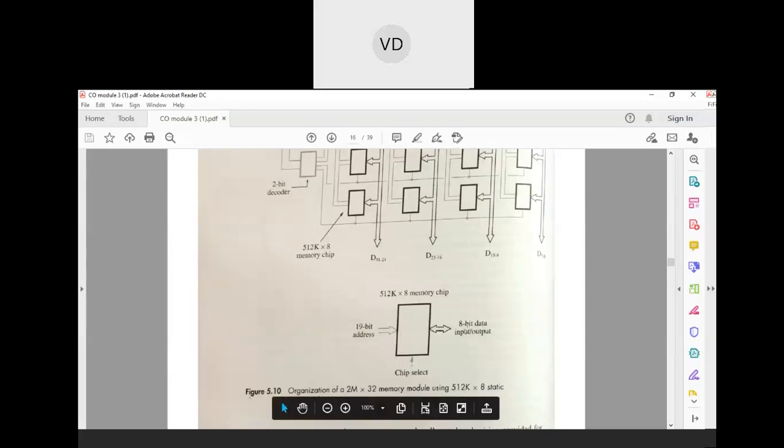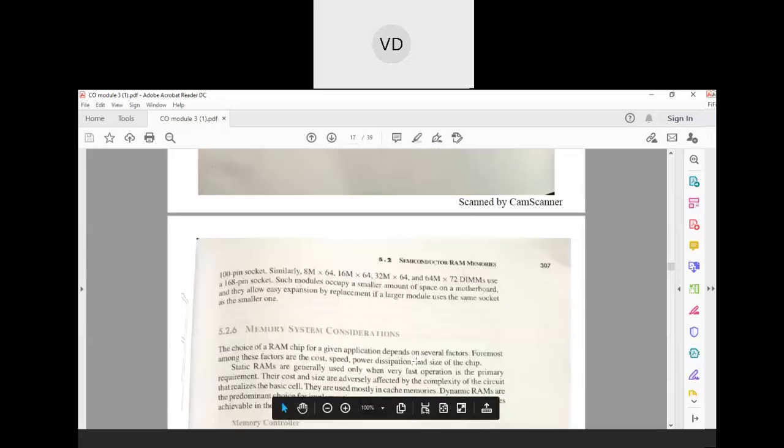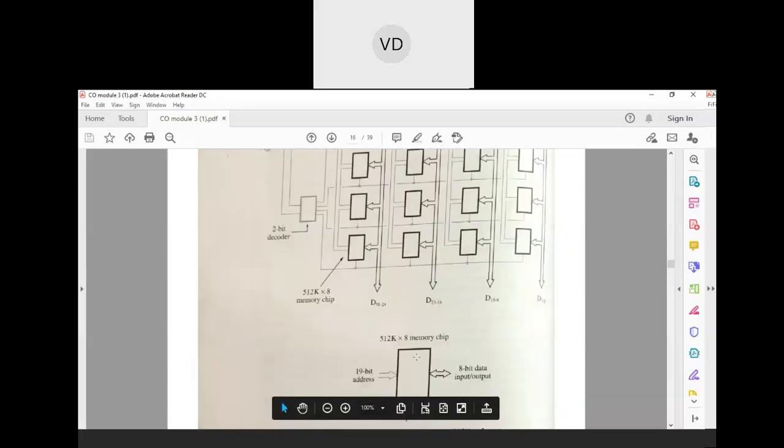Each of them has 8 bits of data, which will be given using the chip select. The same procedure is followed. This is how you do the transfer for larger memories.